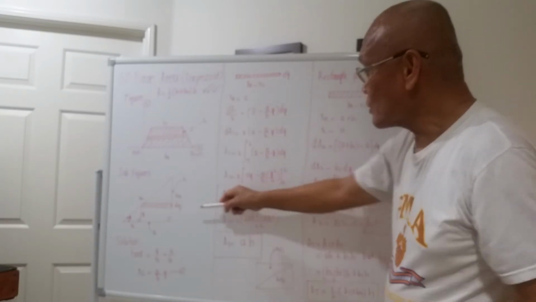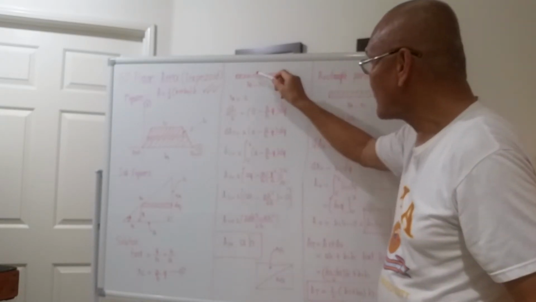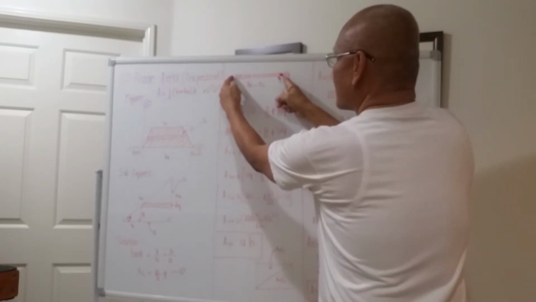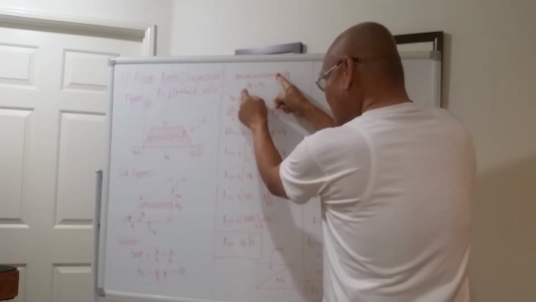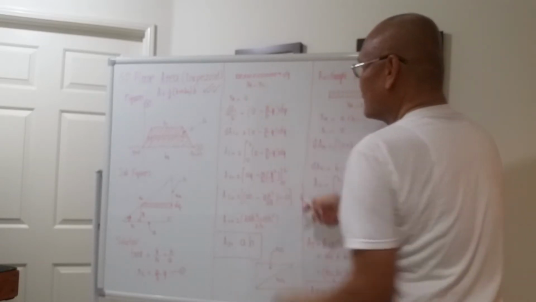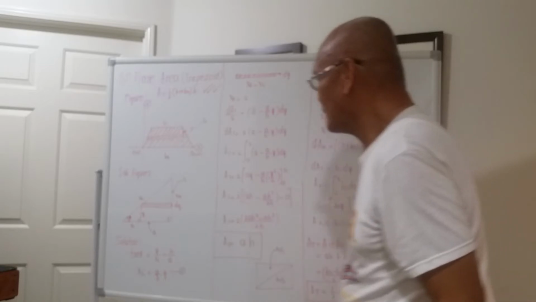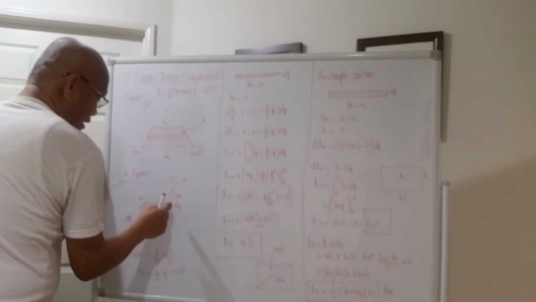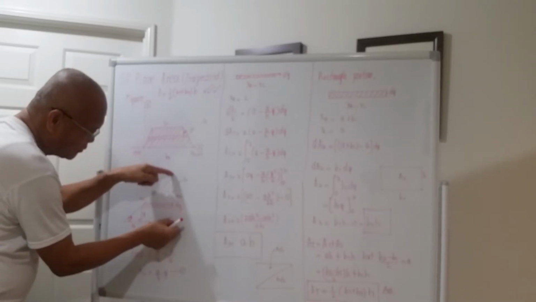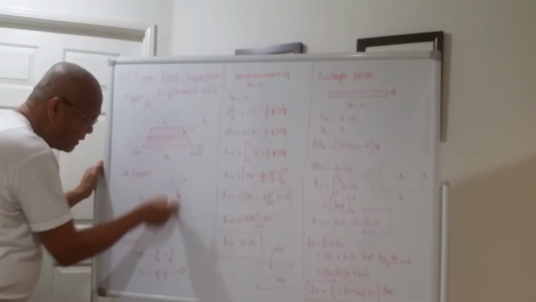We draw the horizontal slice. I enlarge it here a little bit. The overall length of the horizontal slice is xr minus xl, and the thickness is dy. But what is xr? This xr is actually constant. From this point up to this point, it does not vary.